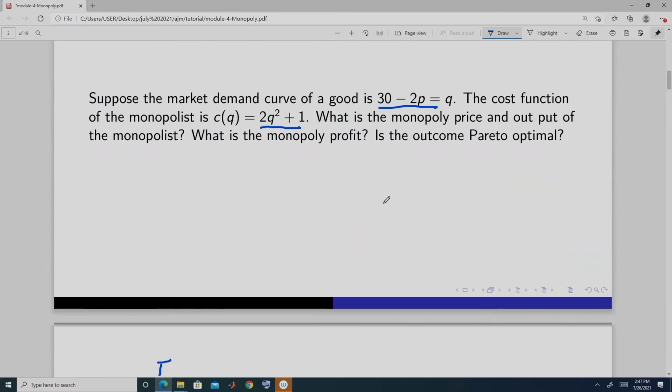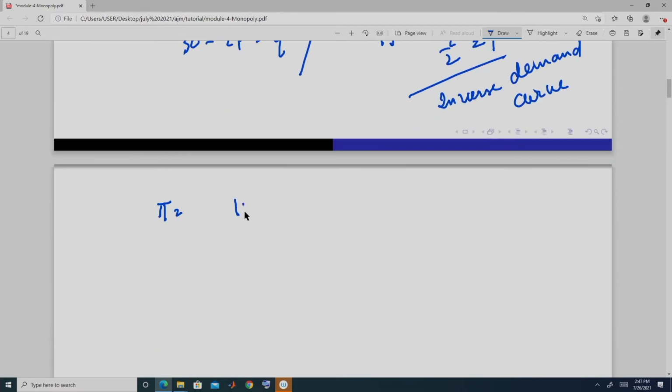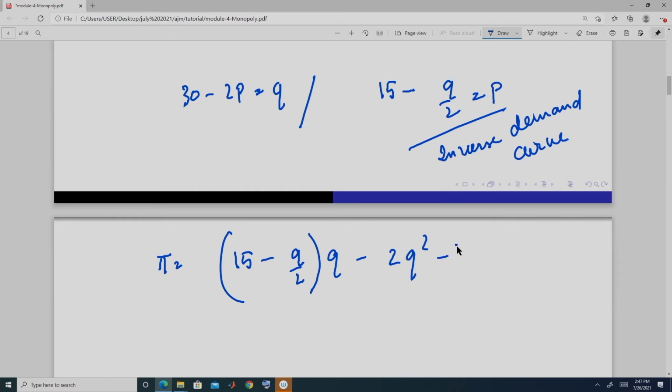So, let us first derive the profit function. If this is the demand curve, then this is the inverse demand curve. Now, the profit function is 50 minus the cost function, this 2 times output, Q squared, and this is the fixed cost.